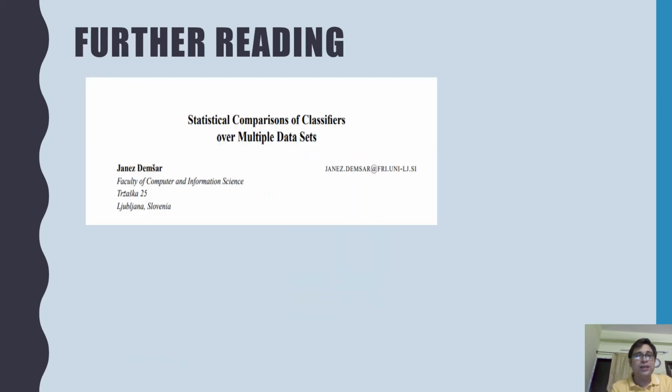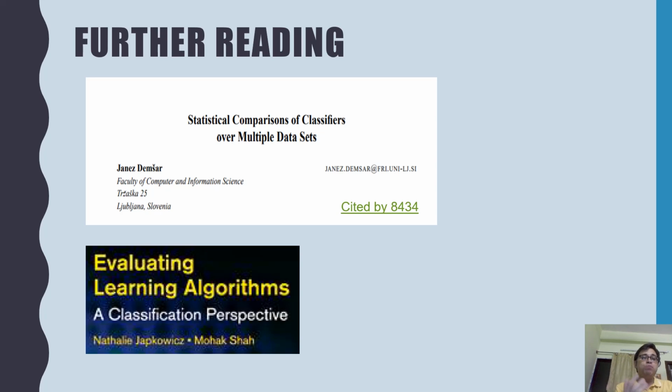Now some further readings. This is one very famous paper named Statistical Comparisons of Classifiers over Multiple Data Sets. It appeared in the Journal of Machine Learning Research, JMLR, and it has a citation count of 8,434, which tells you how popular and useful this particular paper is. I will also draw your attention to a book called Evaluating Learning Algorithms, which is only on statistical tests, how you can use different statistical tests for evaluating learning algorithms.